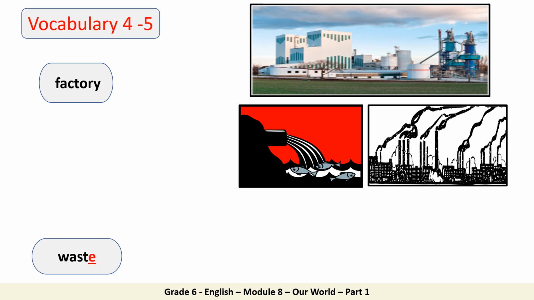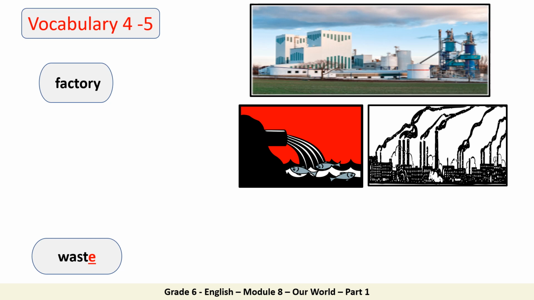Waste. Now, if you look at the word waste here, we didn't pronounce the A in the word waste with the short A sound, but we produced it with the long A sound. Why did we do that? That's right, very good. Because of the silent E in the end.